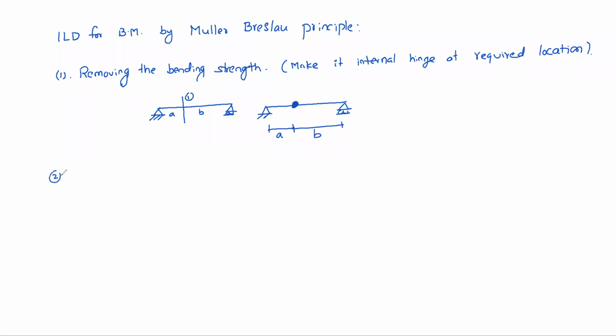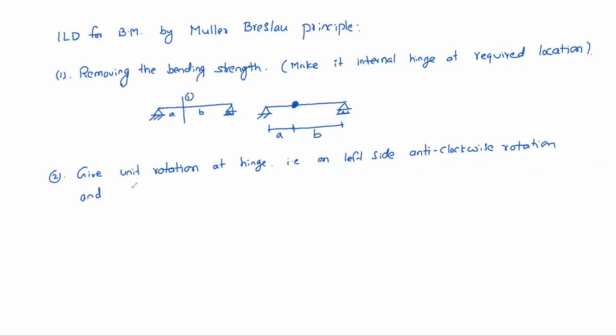Step 2, give unit rotation at the hinge. On the left side, anti-clockwise rotation, and on the right side, clockwise rotation.